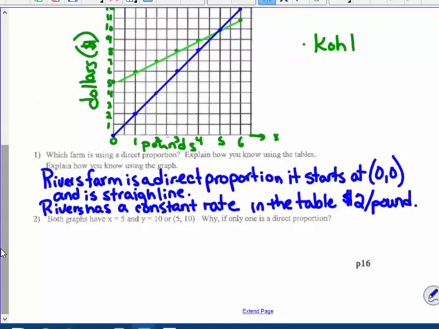Why is only one of them a direct proportion? Well, because Cole's starts at $5 and then adds $1 a pound.